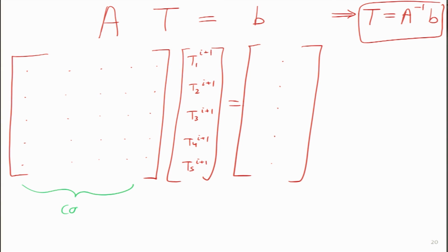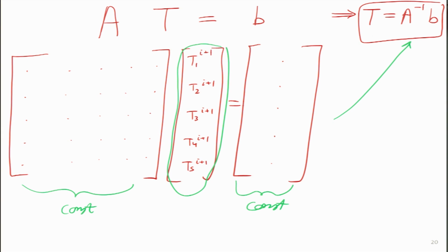So, this is a constant, this is also a constant. We just have to solve for this part over here, and this can be easily solved using the simple matrix inverse method.